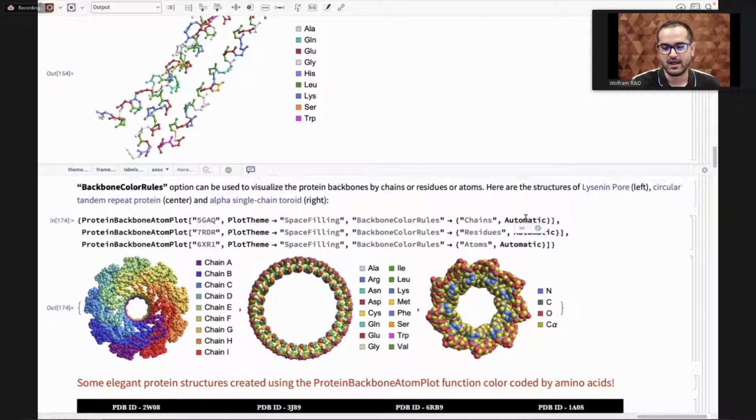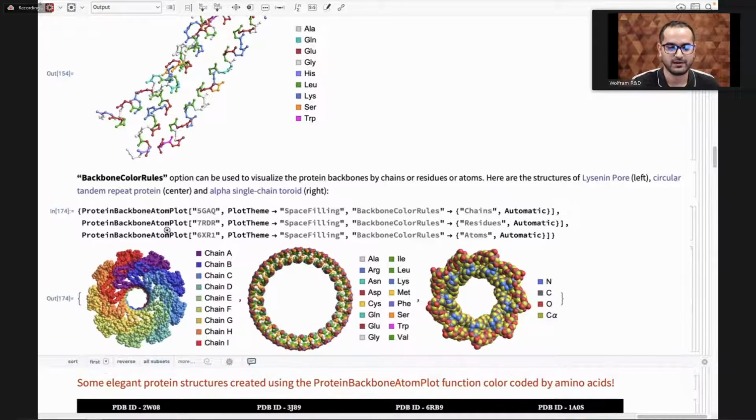And the second input here is basically automatic, but if you go to the Packlet website or the Packlet link and see this function, you can specify specific colors for residues or atoms if you want, respectively, and that will give you that color. So it also helps you customize how you want to visualize the protein.